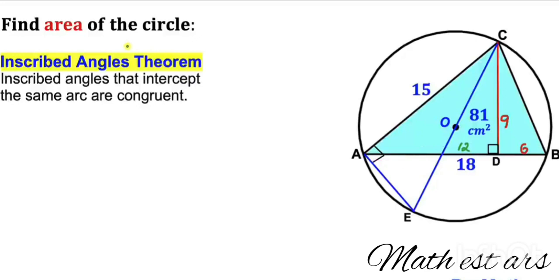And now let's recall the inscribed angles theorem. According to this theorem, inscribed angles that intercept the very same arc are congruent. And now let's focus on these two angles, angle E and this angle B. Both of these angles intercept this very same arc, as you can see. So therefore we conclude that this angle AEC and this angle DBC are congruent.